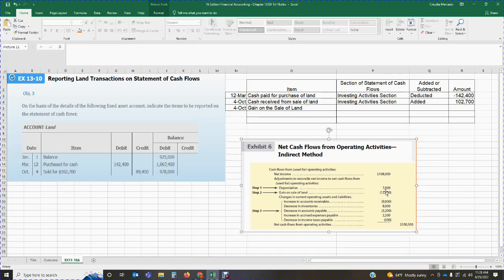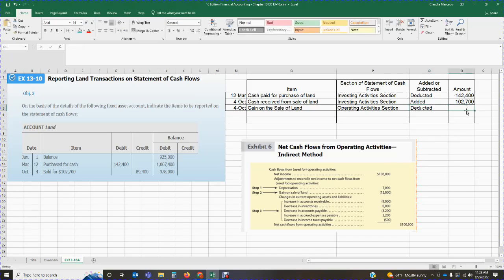We need to deduct it from the top section because all of the amount has been recorded under the investing activities. We don't want to double count our gain. So the gain on the sale of land will be reported under the operating activities section, and that gain is going to be deducted.